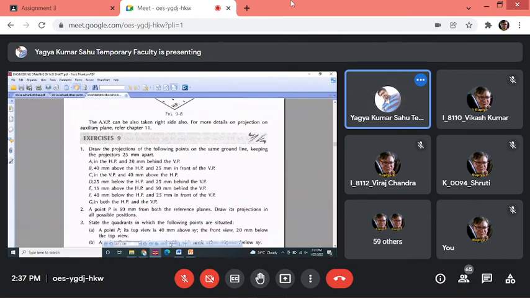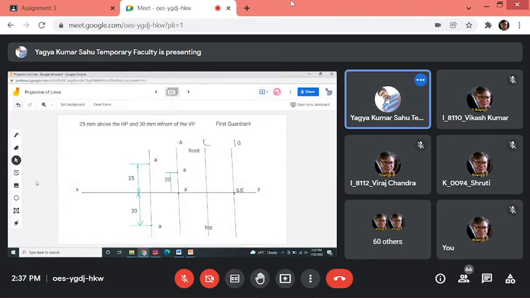Agreed? At the intersection of the reference line and the projector line, you will get C, which is the top view, small c. And what about the front view? 40 mm above, obviously, because the point is above HP.